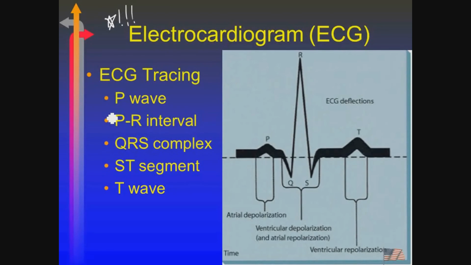Depolarization. The atrial depolarization is referenced by the P wave. Which is this portion here. Where it says P. Where it says atrial depolarization.